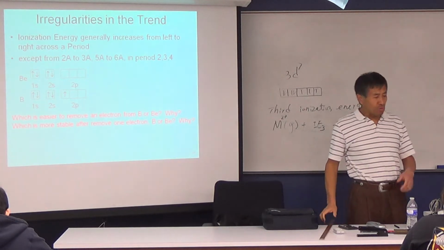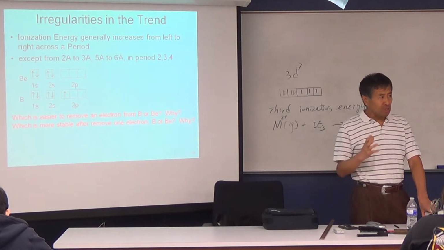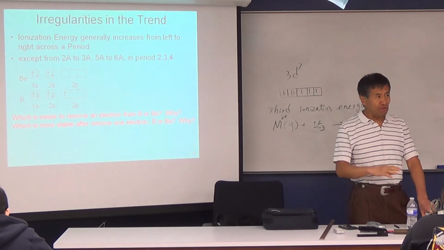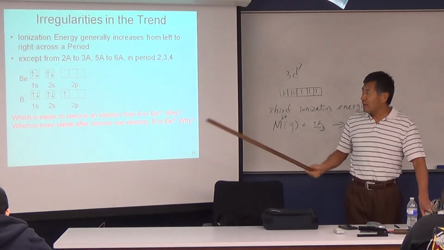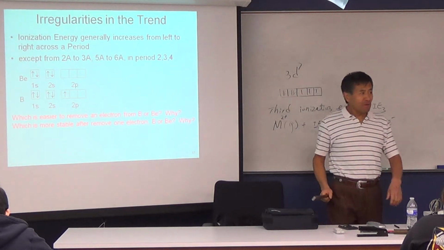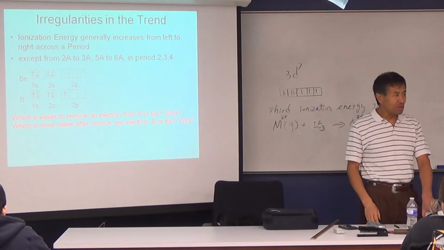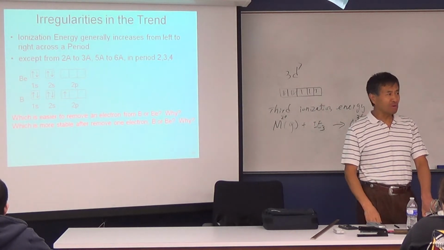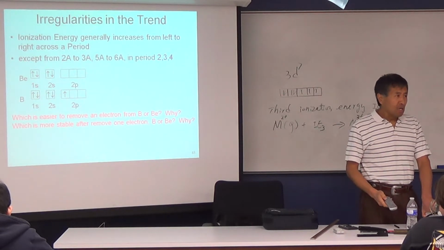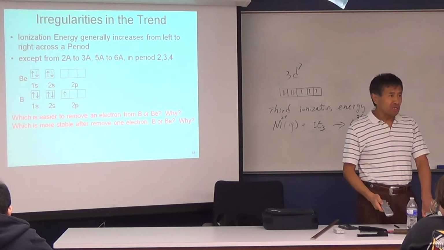But according to quantum mechanics, if you have a subshell that is completely filled, like 2s in this example, and the other is totally empty, that is a good configuration. That means your energy is relatively low.